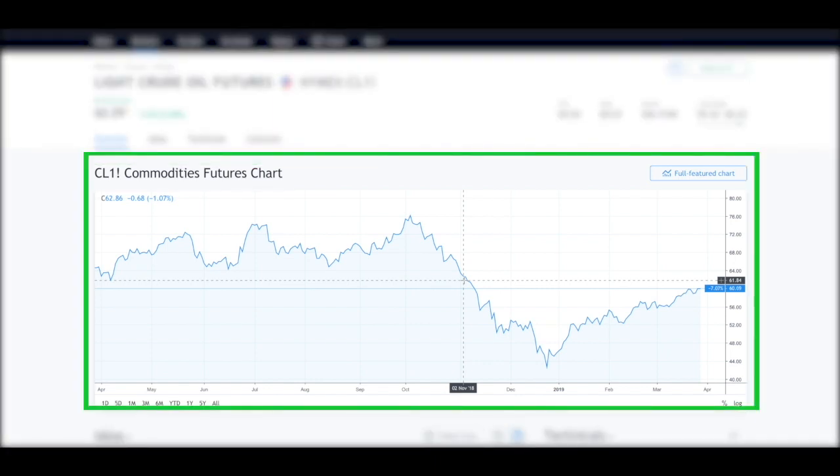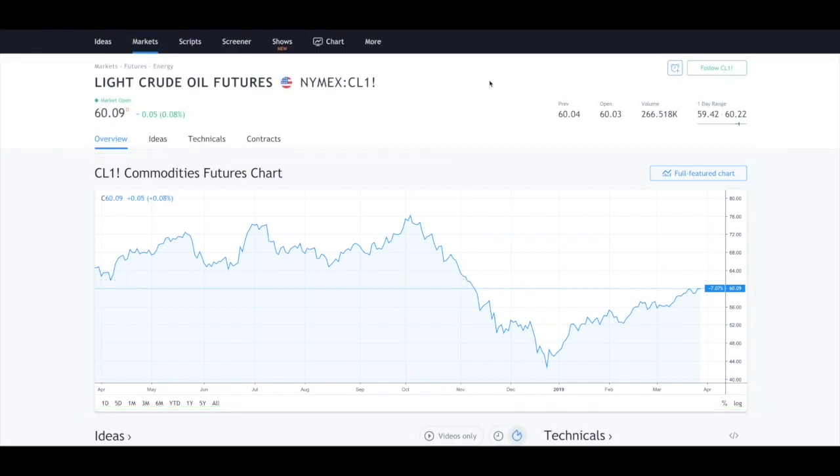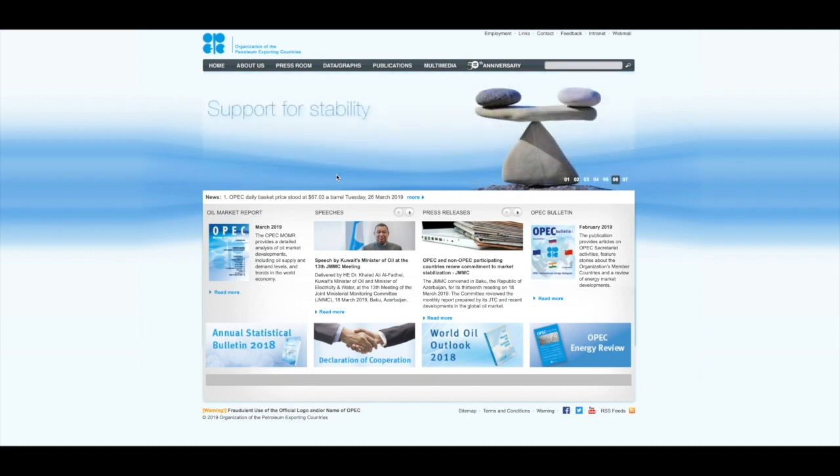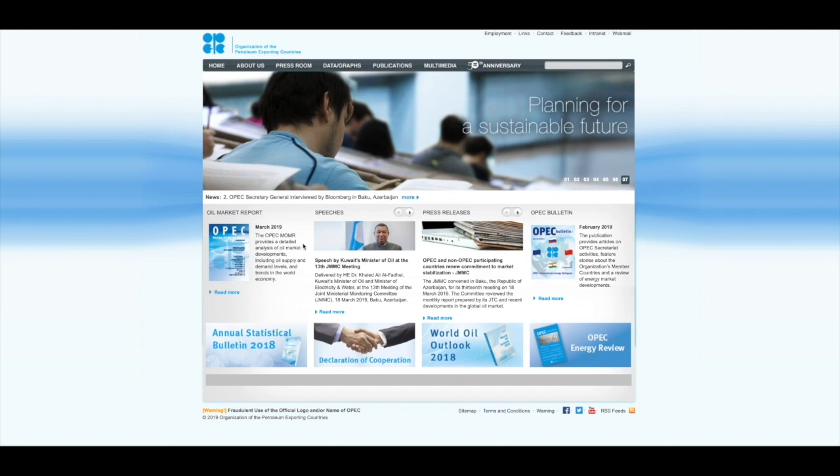For example, you can visit the OPEC website. Here it is. That will allow you to check whether the organization is planning to hold any events in the coming days and which issues are on the agenda of those events. If there are any, market volatility can be expected.